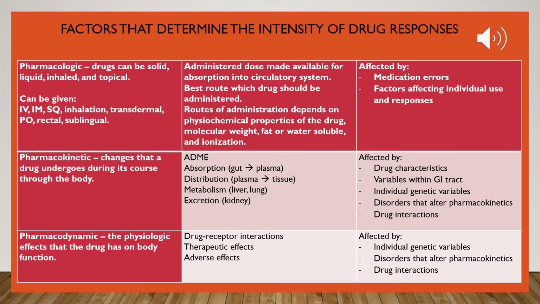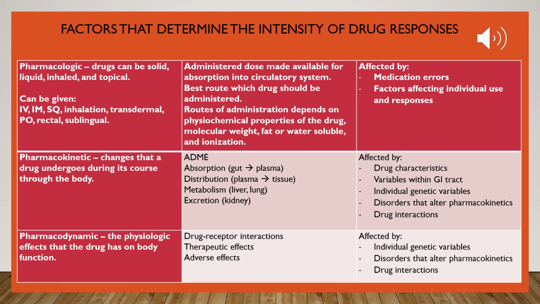And then we have pharmacokinetics, what the body does to the drug. So we have ADME, which is absorption, distribution, metabolism, excretion. Pharmacokinetics can be affected by the characteristics of the drug, variable absorption through the GI tract, individual genetic variables, disorders that can alter pharmacokinetics, and drug interactions.